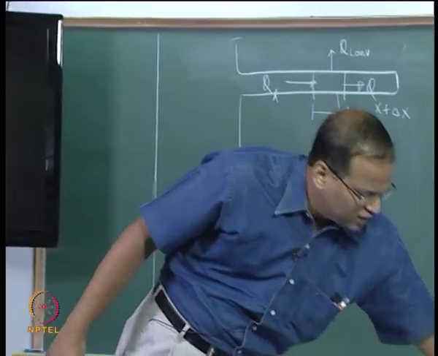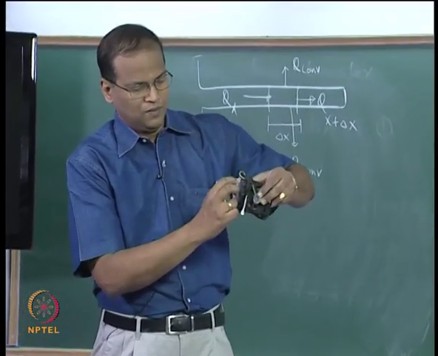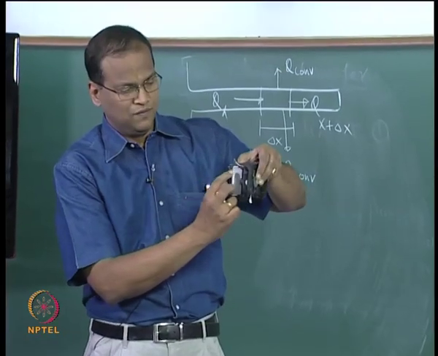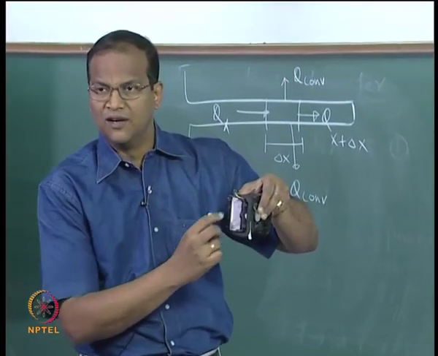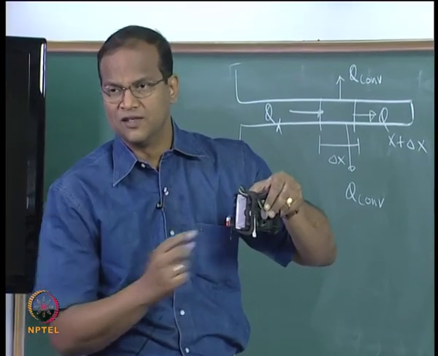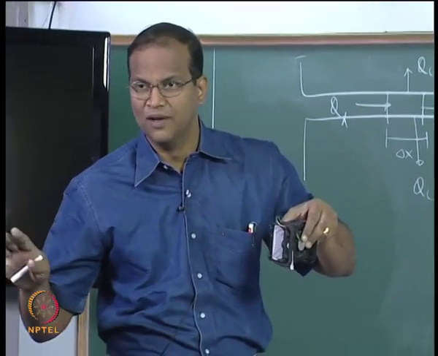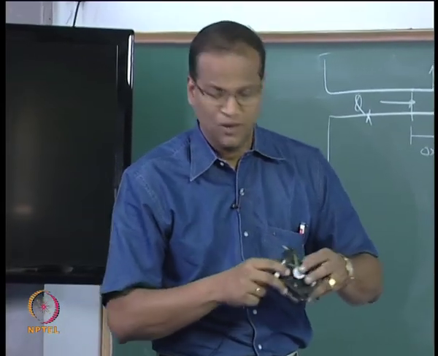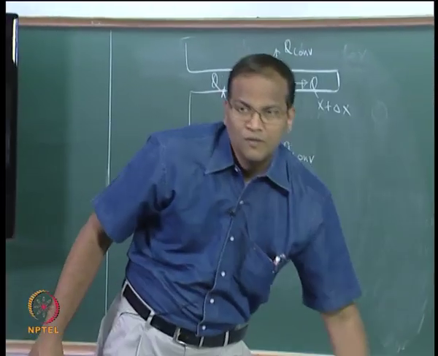If you take any fin here, from the bottom side and the top there will be heat transfer. Now if you consider radiation we are in trouble, you have to consider view factors and all that. Let us omit radiation for the time being, okay. It becomes more complicated if you want to, right.